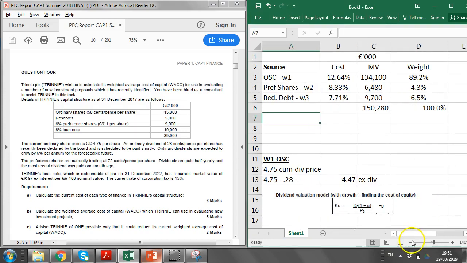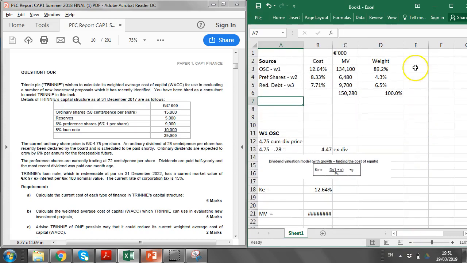So you can see here then, we're trying to calculate what our WACC is. You calculate your WACC by saying 89% of the business is financed by 12.6%, 4% of the business is financed at 8%, and 6.5% of the business is financed at 7.71%. So to get the weighted average at the very end, you merely multiply the weight by the cost and add them up.